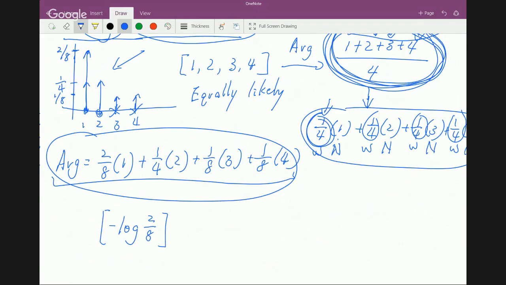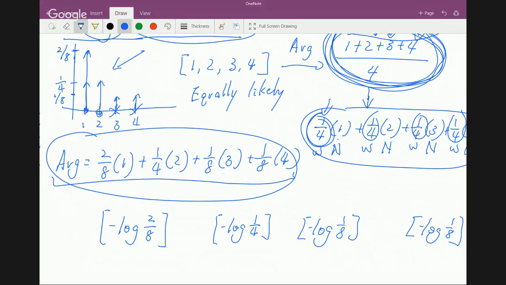The second one is minus log of 1/4. The third one is minus log of 1/8. And the last one is minus log of 1/8.